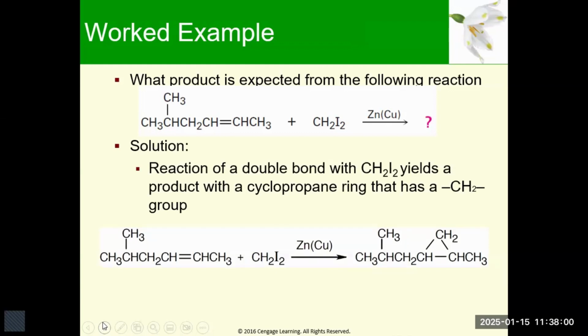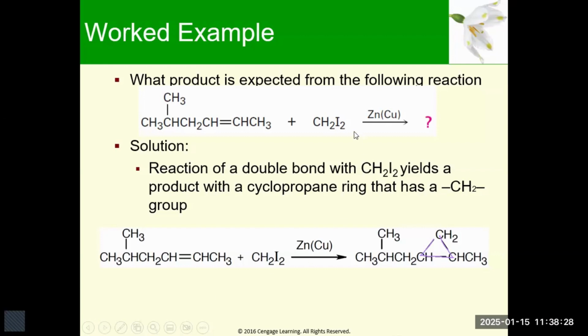Plain and simple, where your double bond was, it now has this three-member ring. All right, so that should be straightforward.